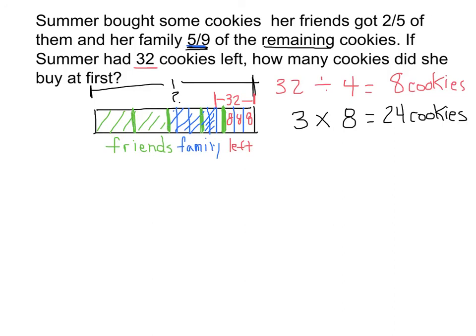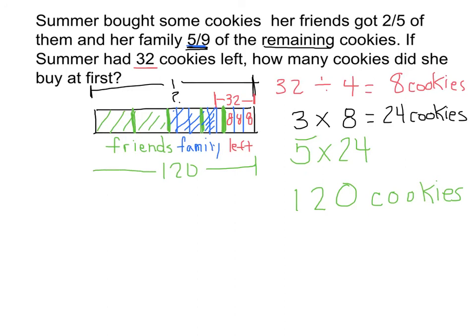Here's 24 cookies, and then here are 24 cookies. So there's 5 groups of 24 cookies. And that, of course, is equal to 120 cookies. So Miss Summer had 120 cookies in the beginning.